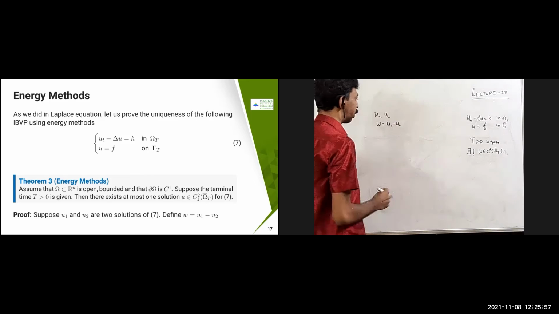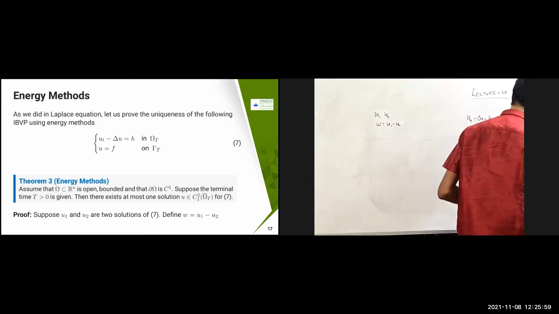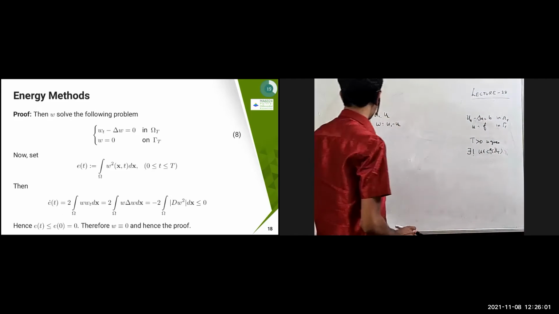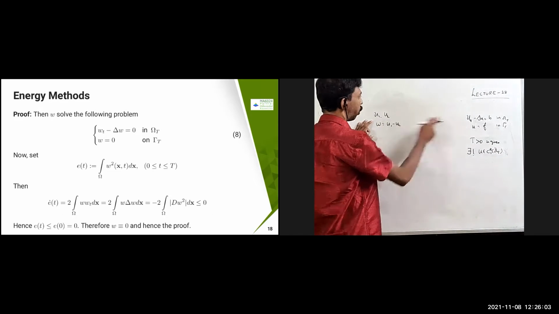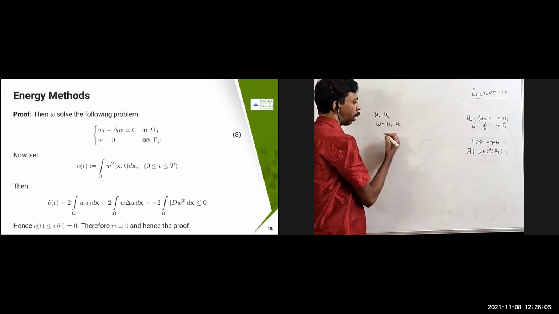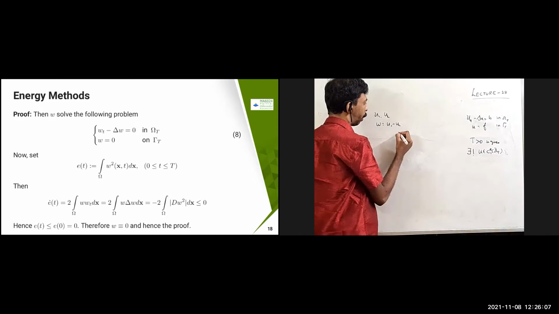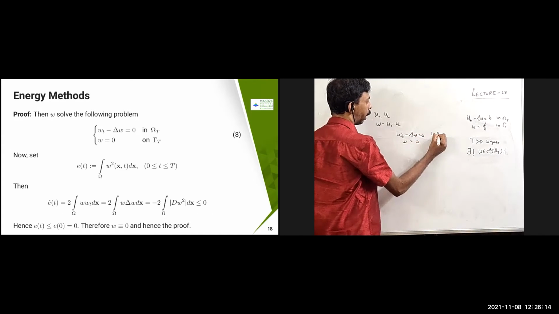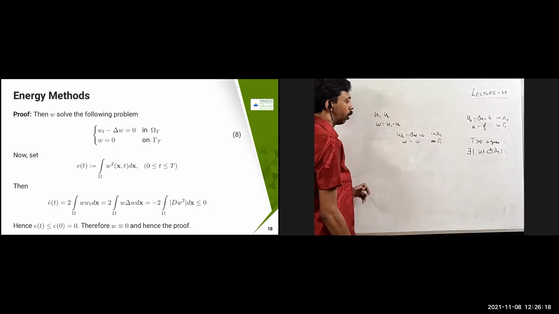We have to prove that w is identically 0. Since u1 and u2 are two solutions, w solves the problem: w_t minus Δw equal to 0 in Ω_T, and w equal to 0 on Γ_T.